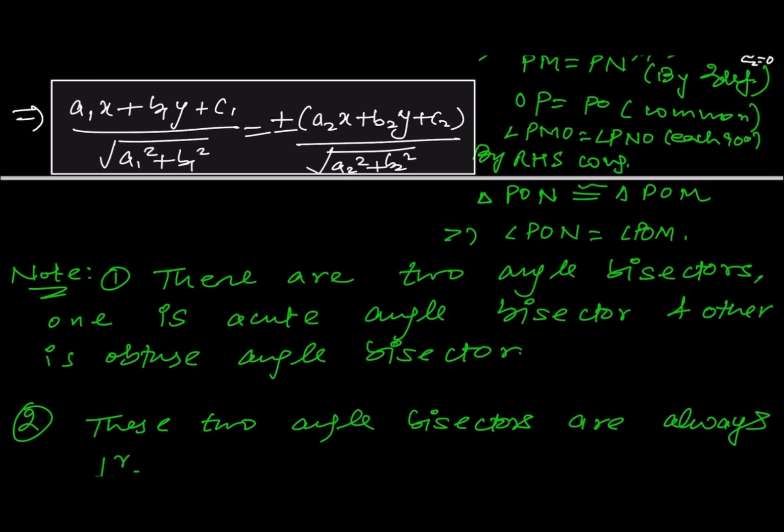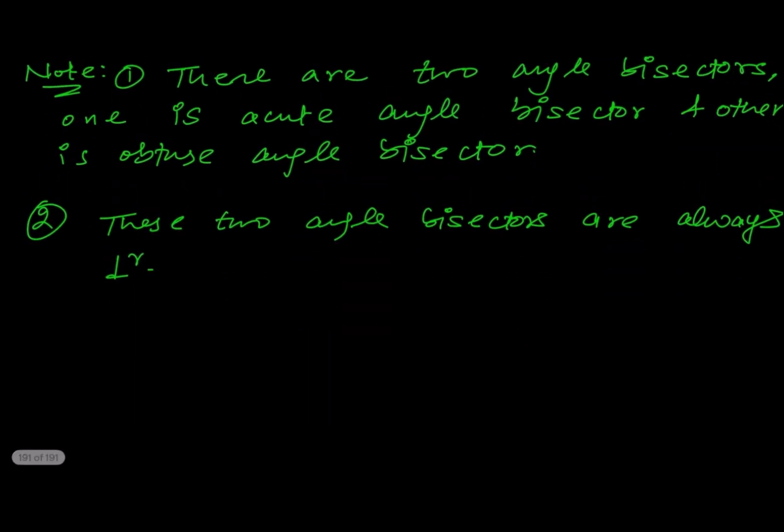Because in front of you there are two equations, and using equations you can find slope, and taking the product you will find the product will be -1. Okay. Point 2 is these two angle bisectors are always perpendicular.